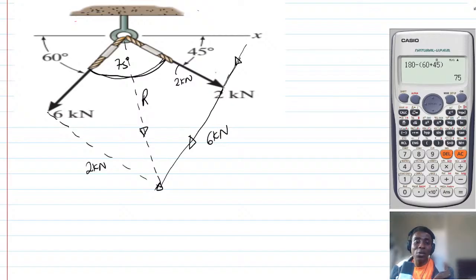Because there is an angle between these two forces, I just have to find any way: I can either extend it this way or that way. If I extend it here, this one is still 6 kilonewton, and this is still 2. But the angle between 6 and 2 is what? Don't forget that the angle between 6 and 2 is always 75. Are you okay? Even if I extend, it will still be 75.